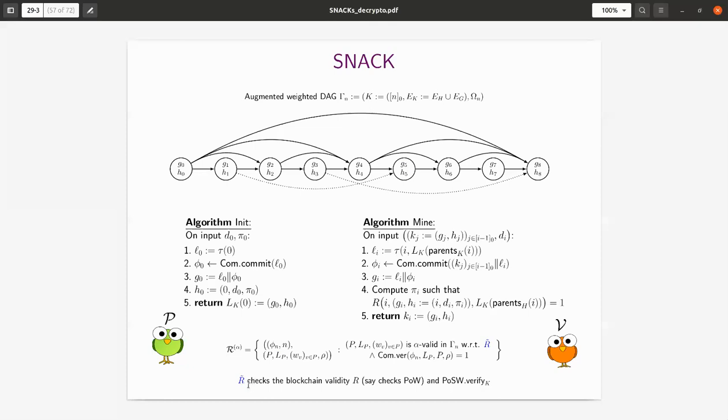And you also want to augment the validity relation R that we started with, the validity relation of the blockchain, to verify the validity of the blockchain plus check some proof of sequential work related stuff, essentially the validity of labels. So that's it. That is the snack that we build. You can see it as just a very simple generalization of proof of sequential work schemes.